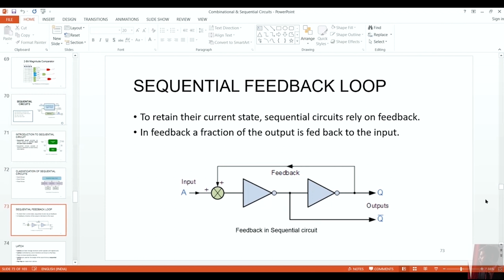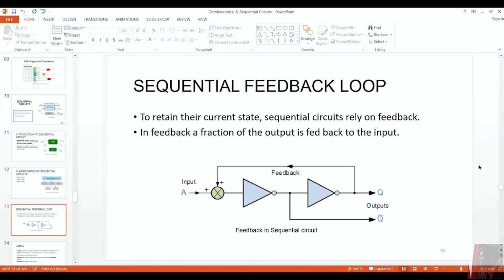When I'm saying output and input, I'm talking about its character. If I'm giving 0 and getting output as 0, the character is same, which means the current and the past state have the same clock.